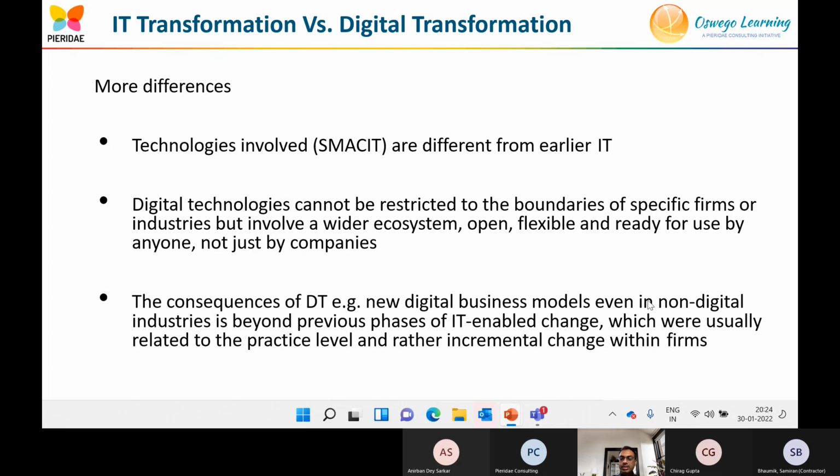And the last difference is that digital transformation will obviously generate a new business model, while your IT transformation will not evolve any new business model. The same business model will improve on certain aspects. So these are the differences between IT transformation and digital transformation.